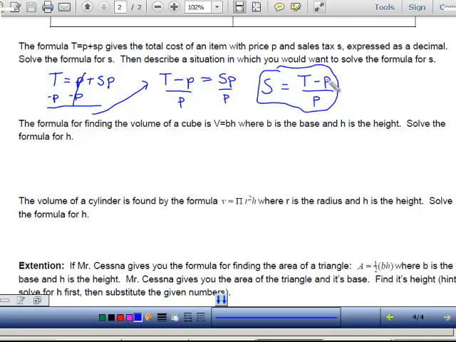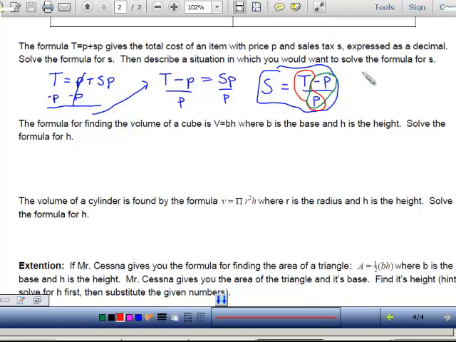For myself, I notice here that I got a couple P's that could eventually be canceled. So I'm going to use that formula that I taught you earlier this year, which was separate those two into two separate fractions.